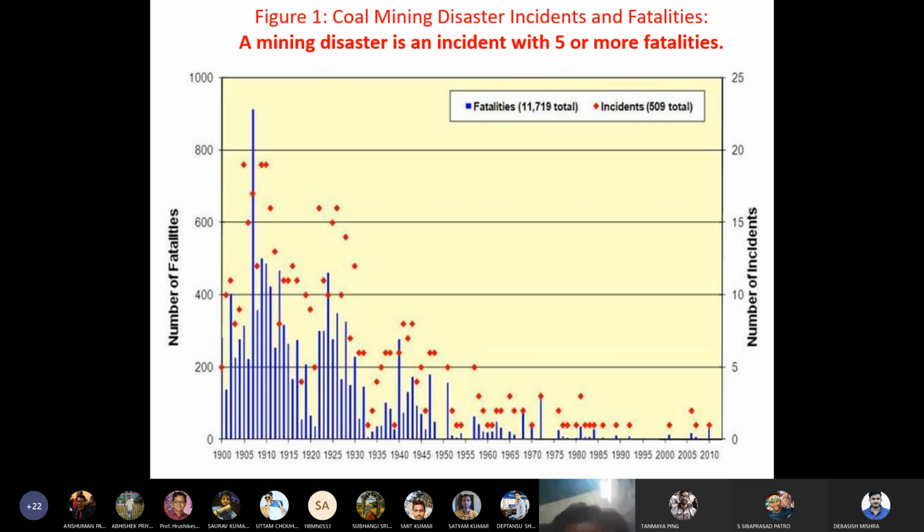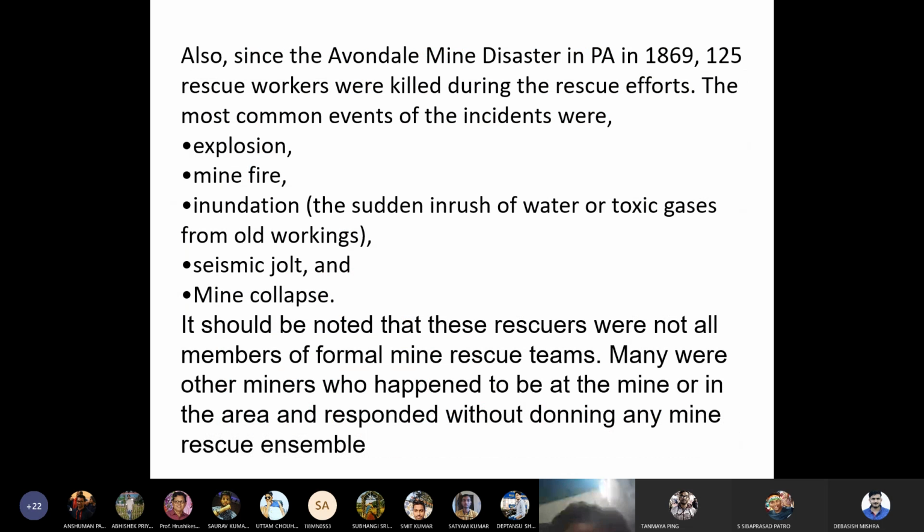And we have seen how the common accidents which take place in the mine are categorized as explosions, mine fire, and inundation. These are the three major hazards associated with mining.